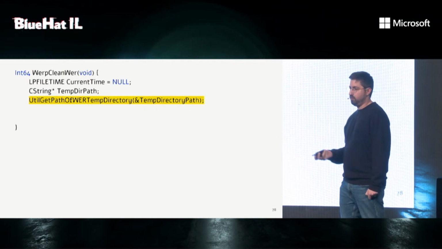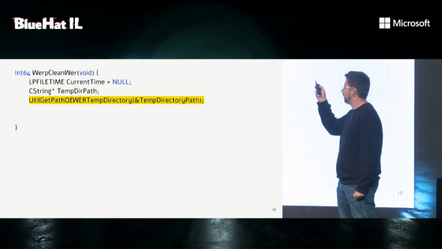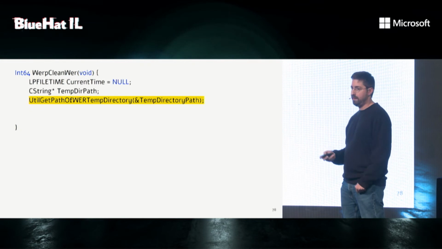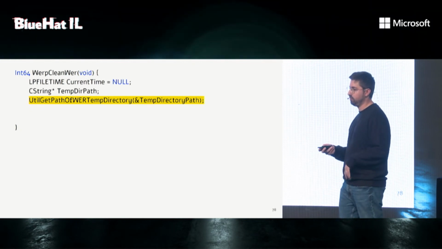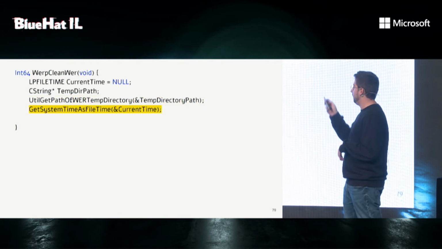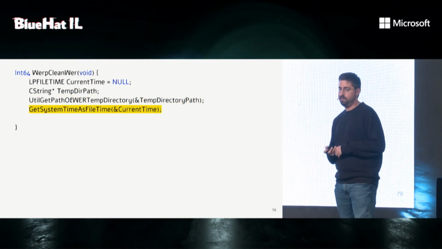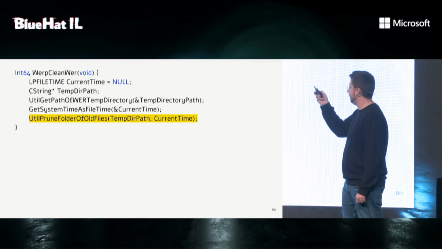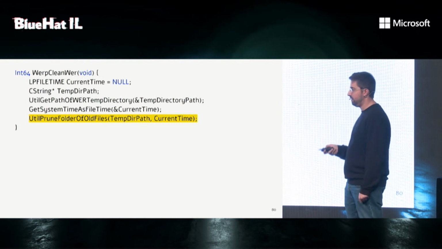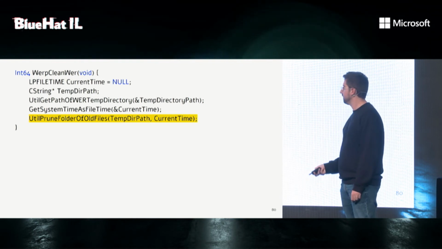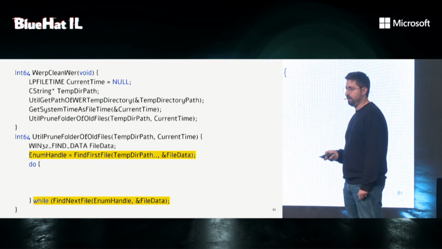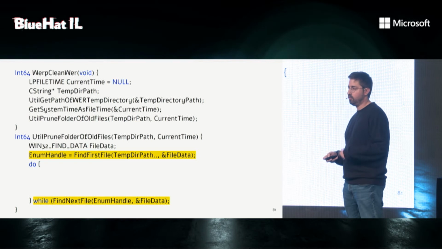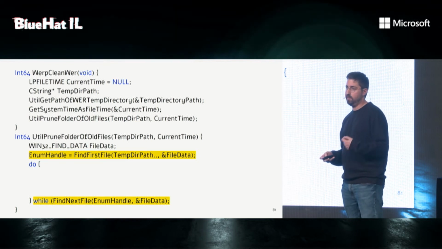So what does this function look like? It gets no arguments, and it first fetches the path of the where_temp directory. This would return C program data Microsoft Windows where_temp. Then it gets the local time on the system. And then it will call util_prong folder of all files, passing those two as arguments. What this function will do is to call the find first file and find next file APIs that allow you to enumerate all the files in a directory one by one.